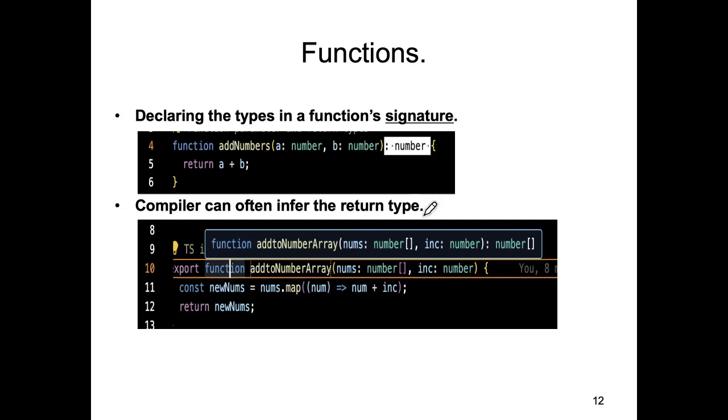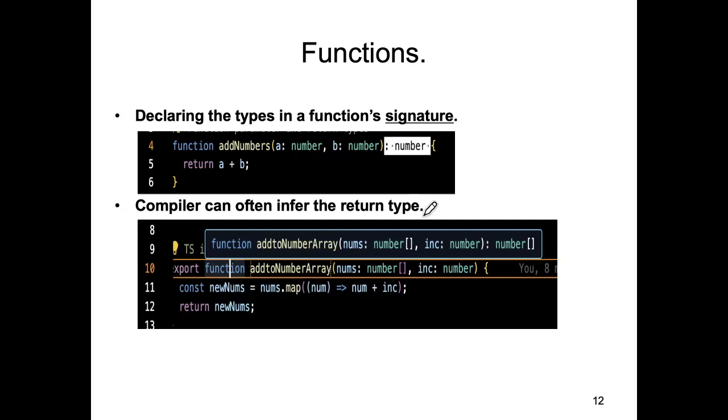The compiler can infer the return type for you, and it simply looks at the return statement in your function and looks at the type associated with the return statement, and then infers that as being the return type for the function.